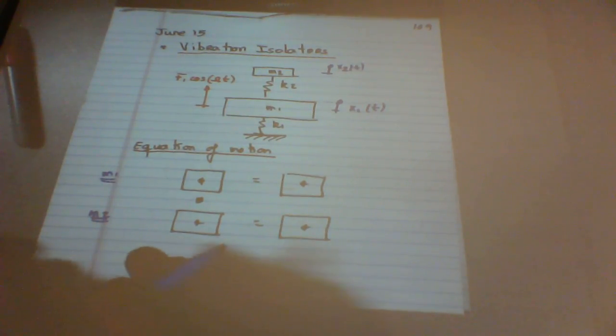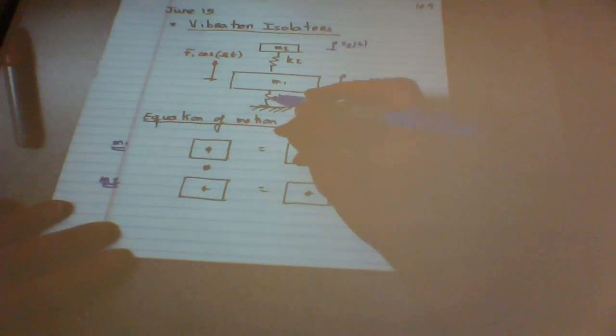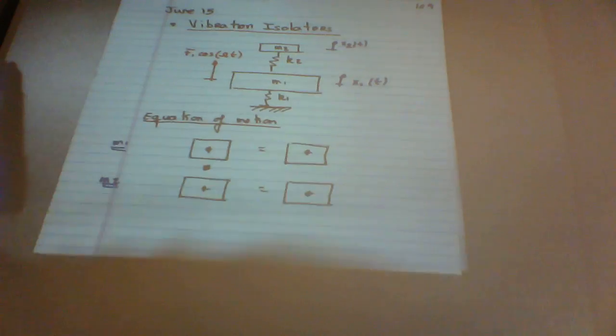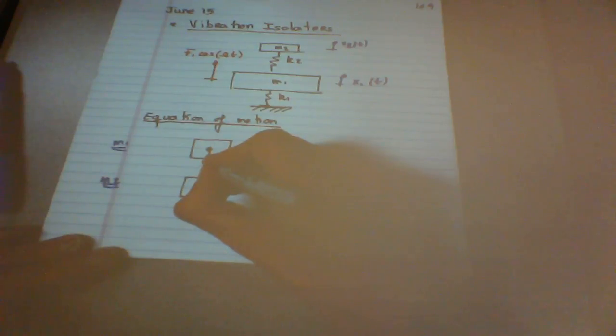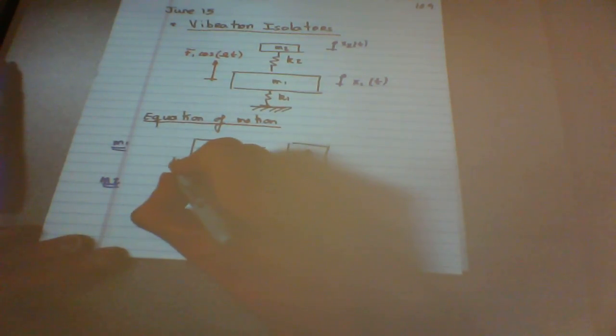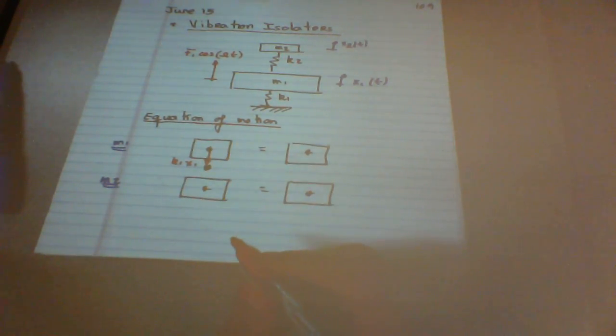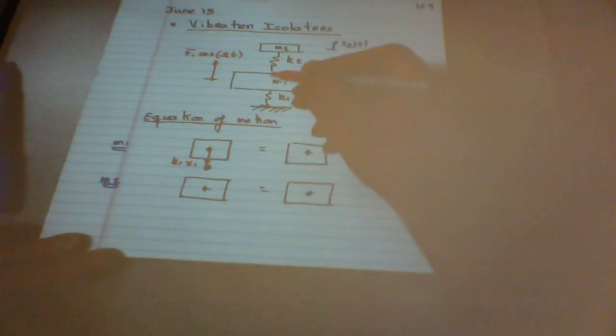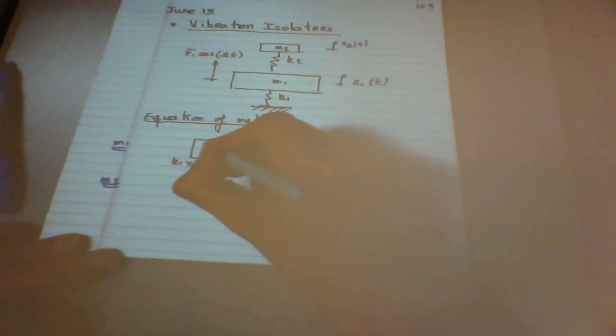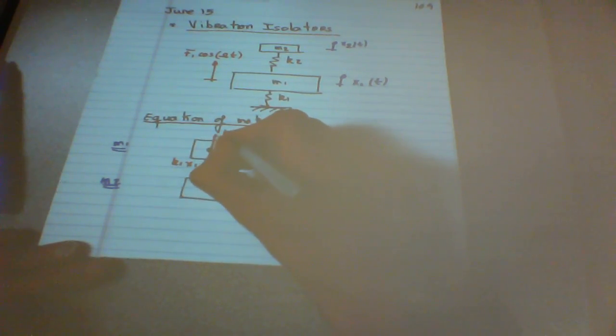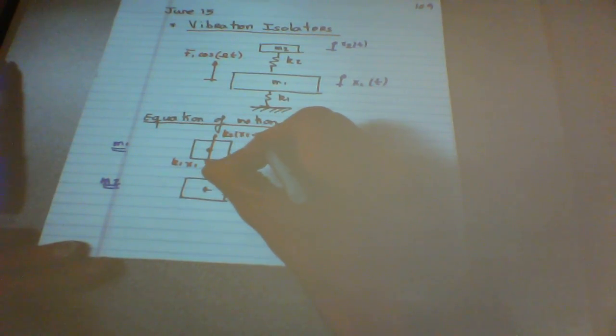Let's see, what is M1 subjected to? What will be the forces due to K1? Assume this is moving up initially. So K1 X1 down. Now what should be the force connecting M1 to M2? It should be K2 times (X2 minus X1).